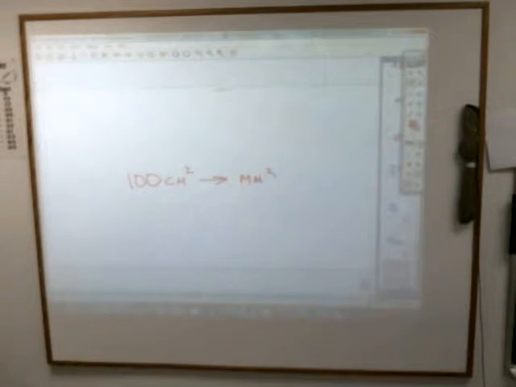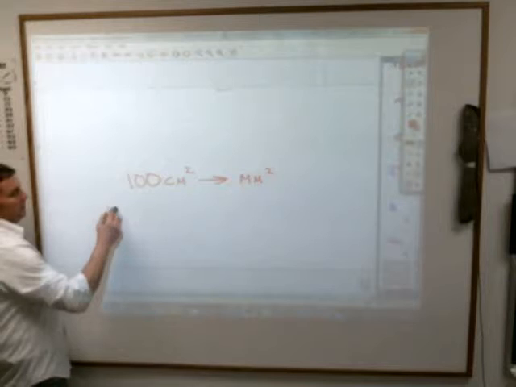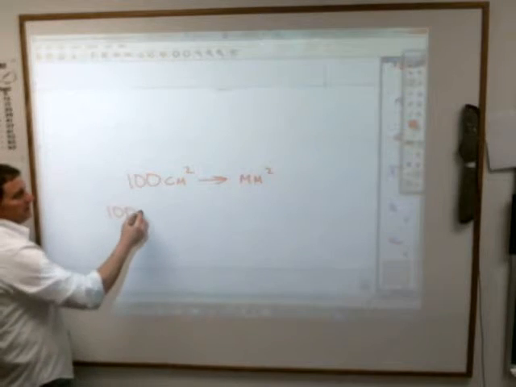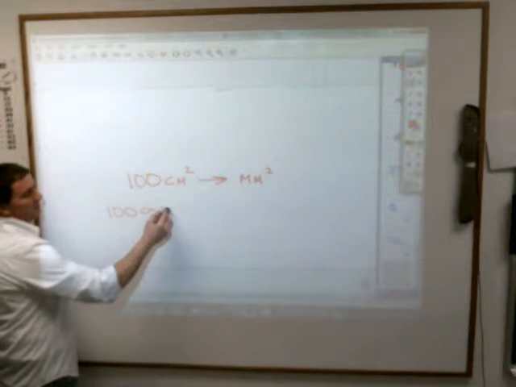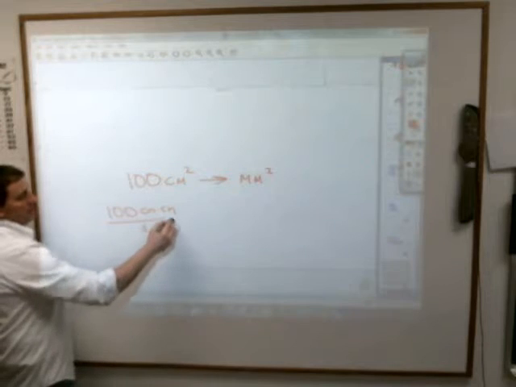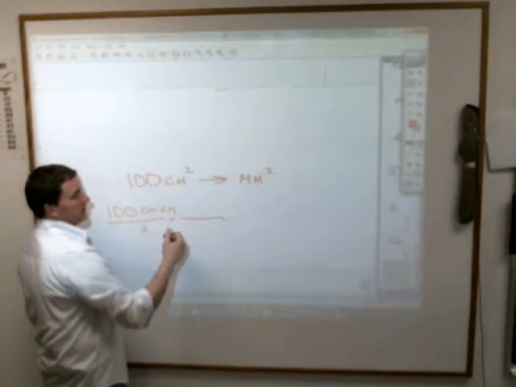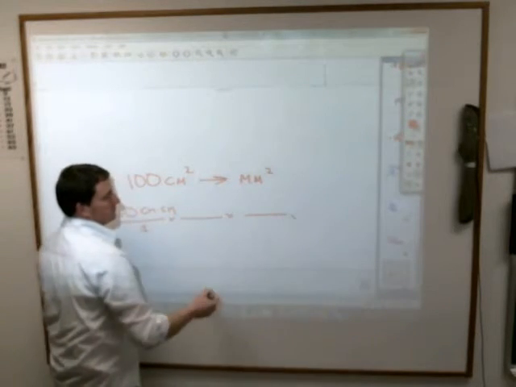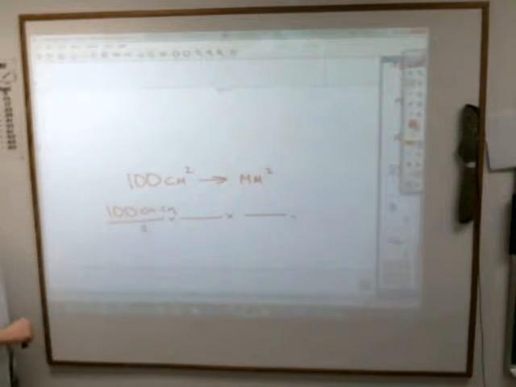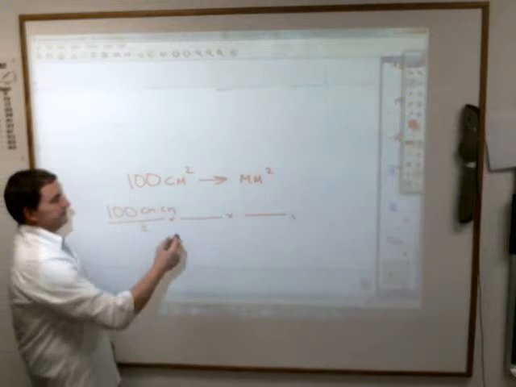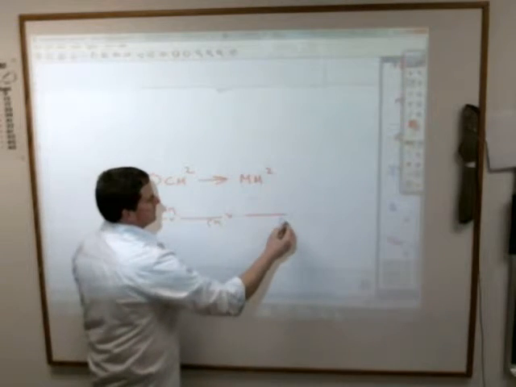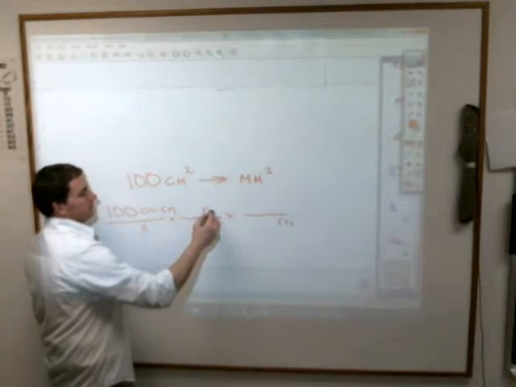When you write this out, it should look like this. Centimeters squared means you have centimeters times centimeters for your label. When you cross them off, what goes where? Centimeters on the bottom. And what's going on top?